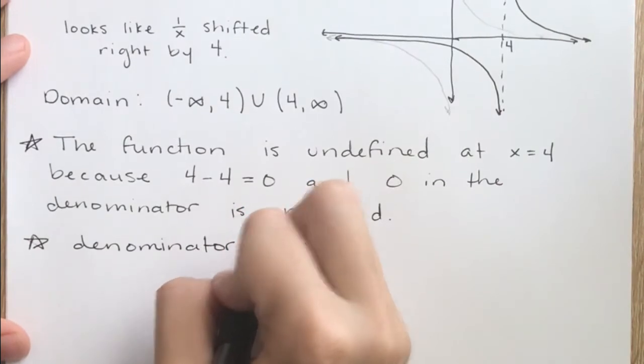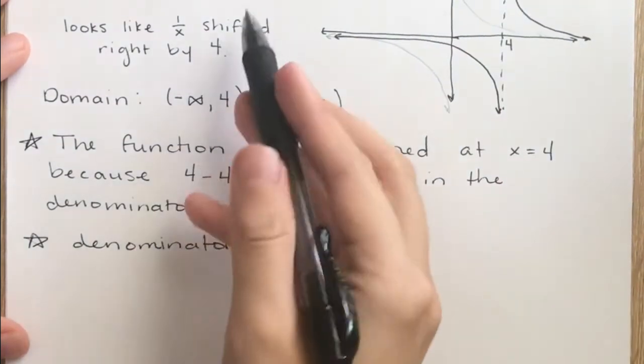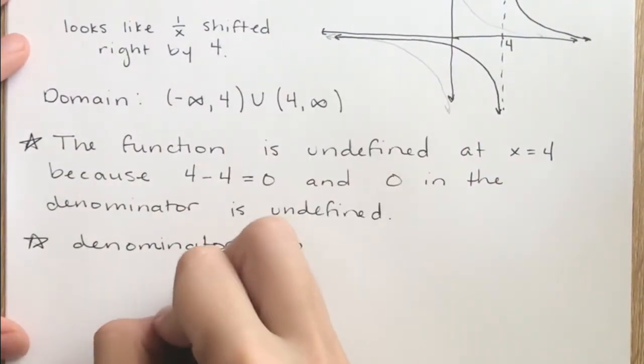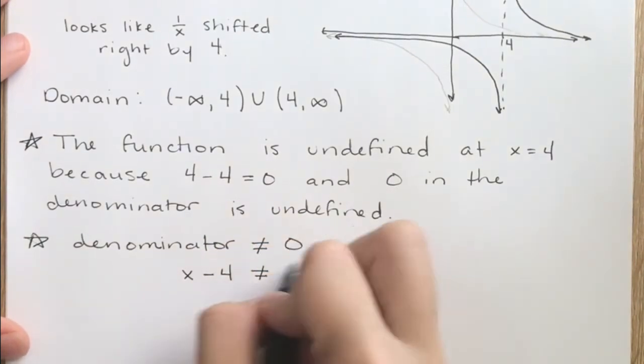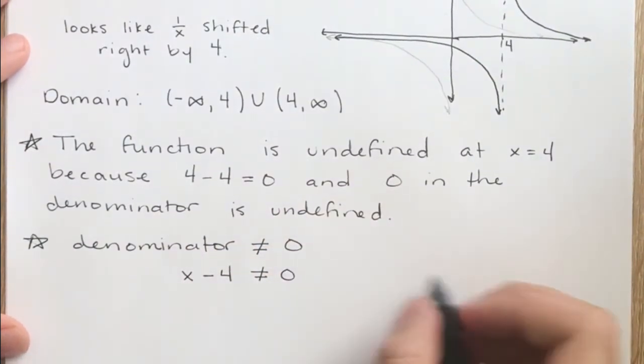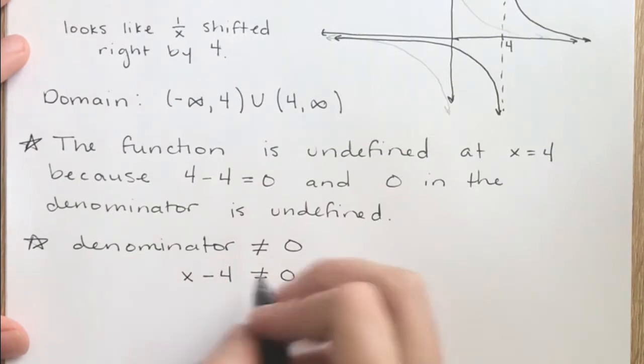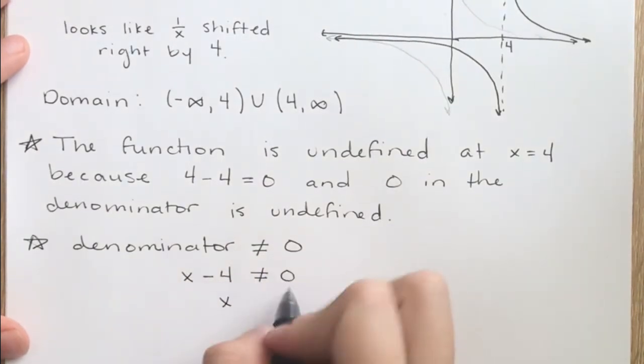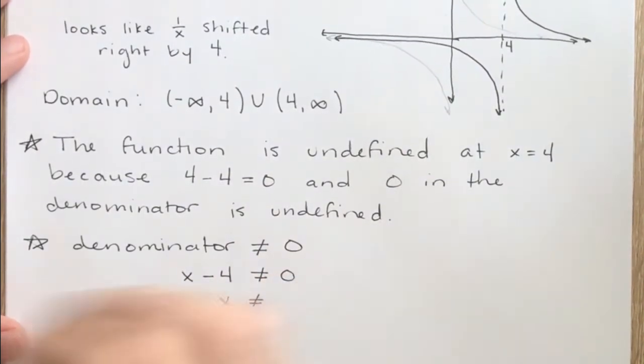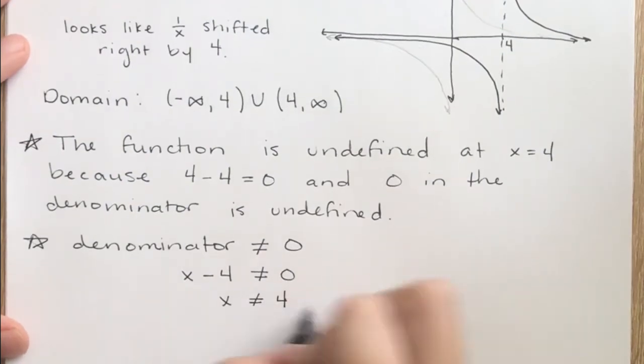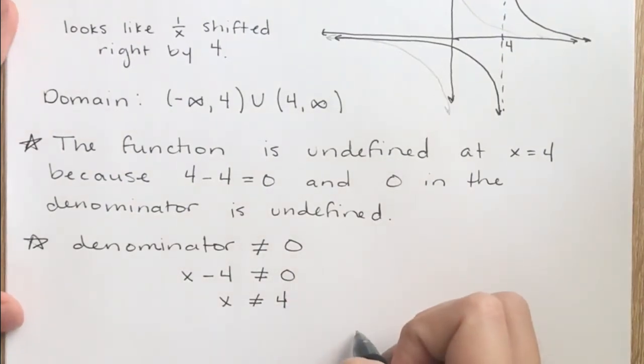In this case, our denominator was x minus 4. And if we solve for x here, we add the 4 to both sides, we get x does not equal 4.